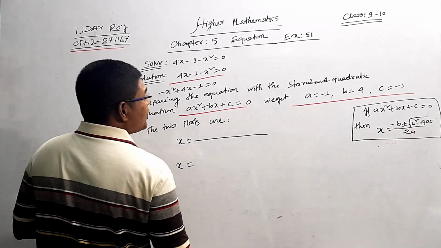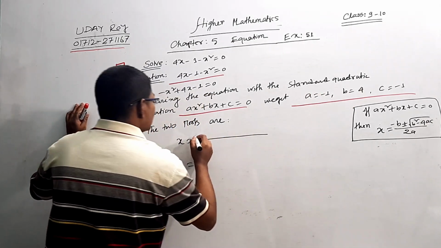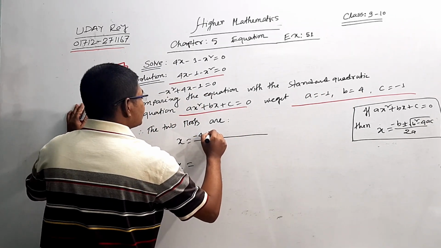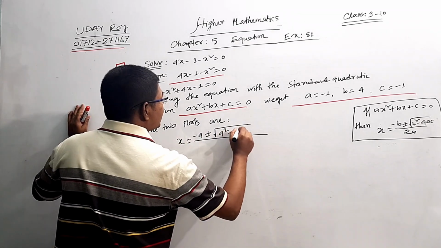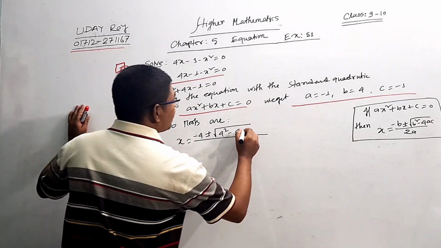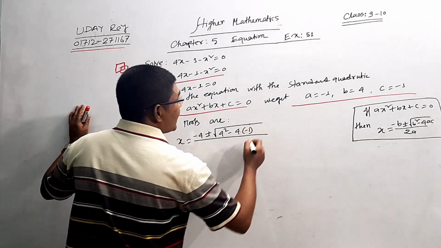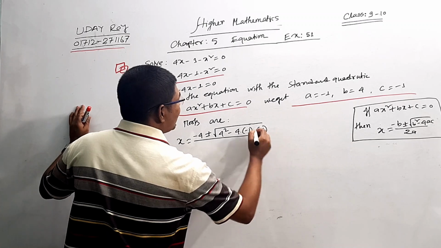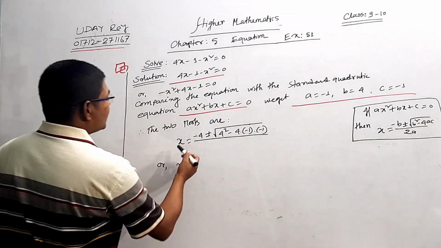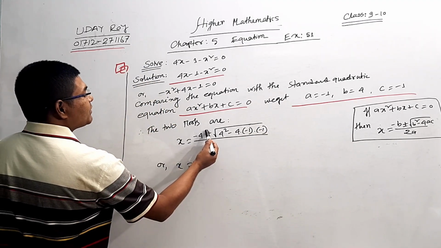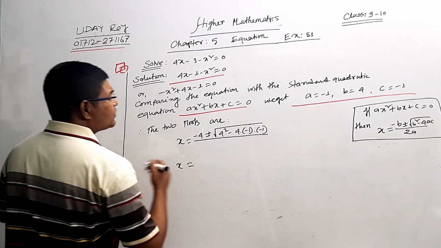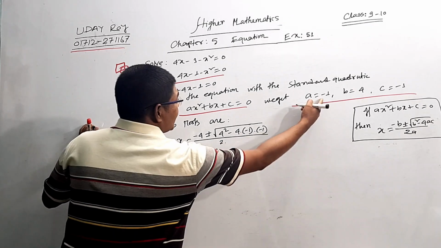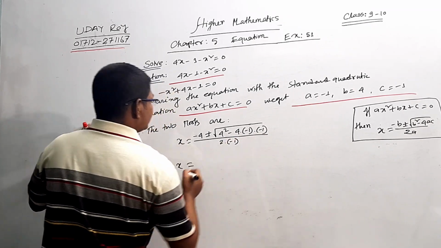So x equal minus b, this is 4, so minus 4 plus minus square root of b square minus 4ac, and c equal minus 1. We have got x equal to minus b plus minus square root of b square minus 4ac divided by twice a. A is minus 1.